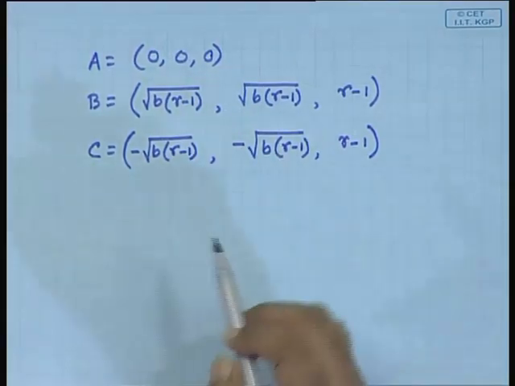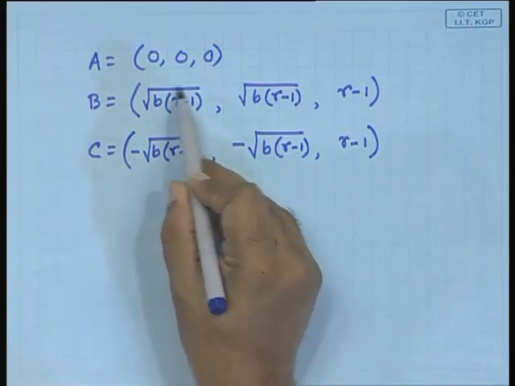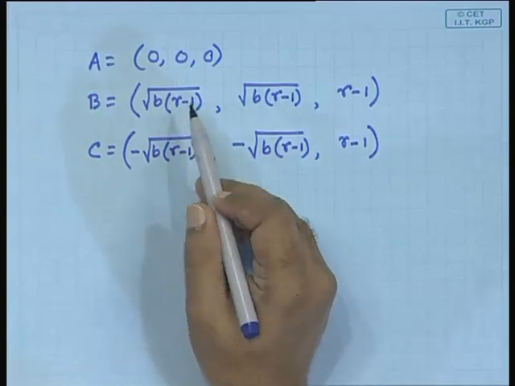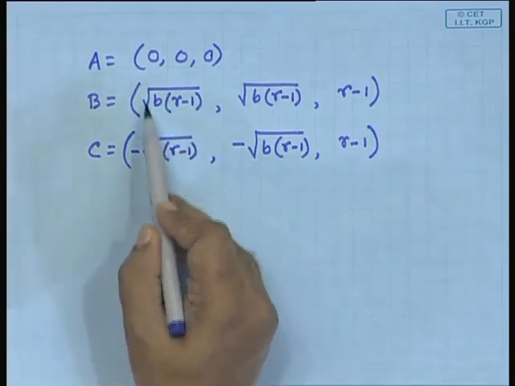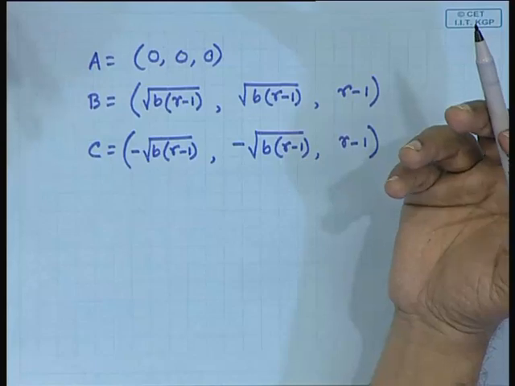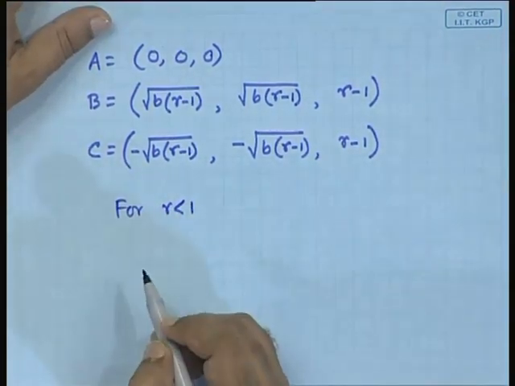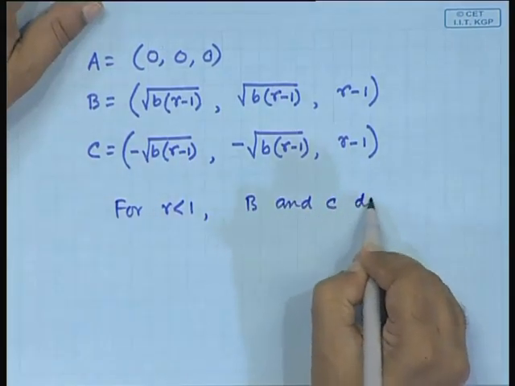Now, this immediately tells us that so long as r is less than 1, this term will become imaginary, and it is a real state space in which we are talking about the location of an equilibrium point, and that cannot be complex, that cannot be imaginary. So, whenever it yields imaginary numbers, it will only mean that the equilibrium point does not exist. So, this means that for r less than 1, B and C do not exist.